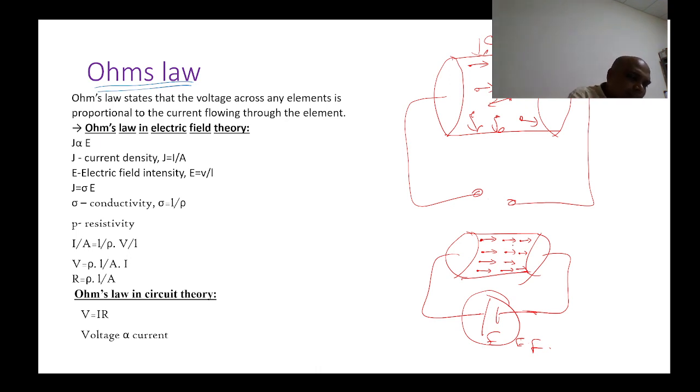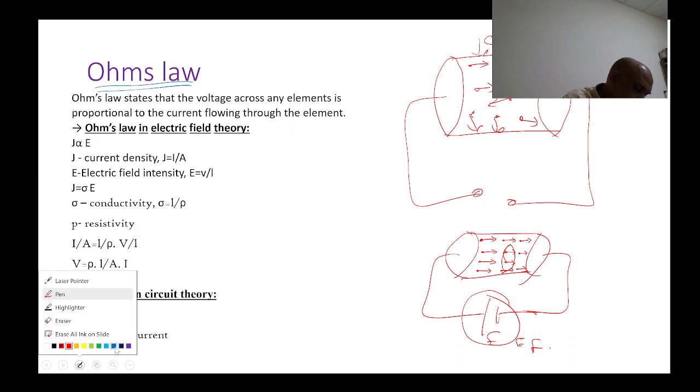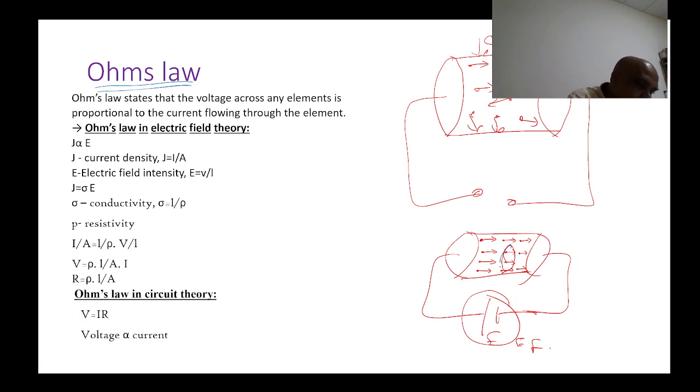If you take a small area of the conductor, how much current passes through that area? Suppose only one electron passes through the conductor, then current is less. If more electrons pass, current density is more.